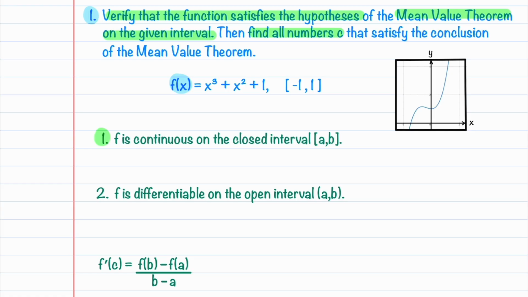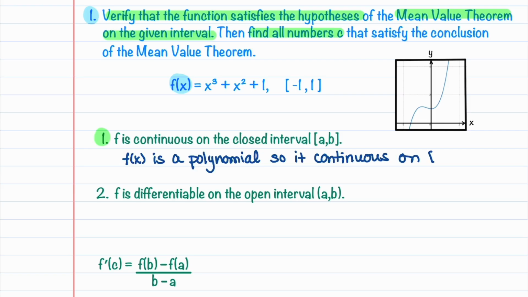Our function, f of x, is a polynomial, so we can write down that f of x is a polynomial, so it is continuous on the closed interval from -1 to 1. Every polynomial is continuous.